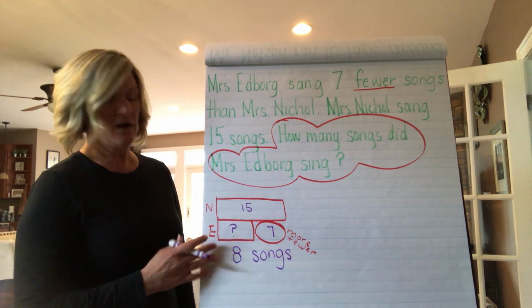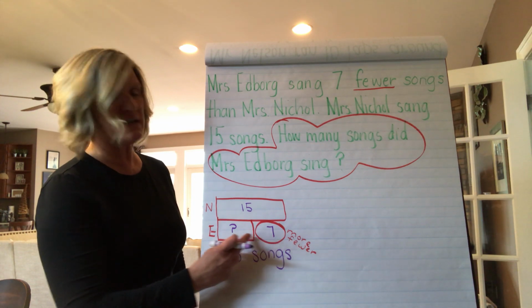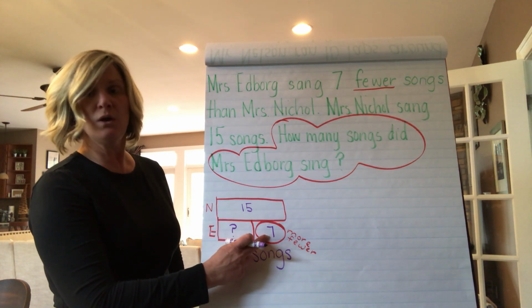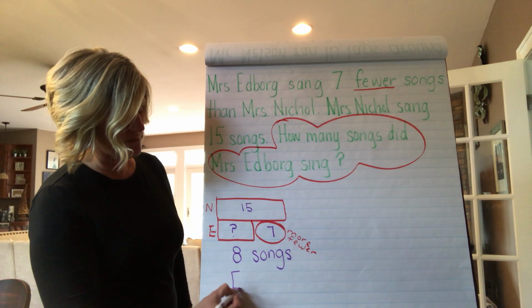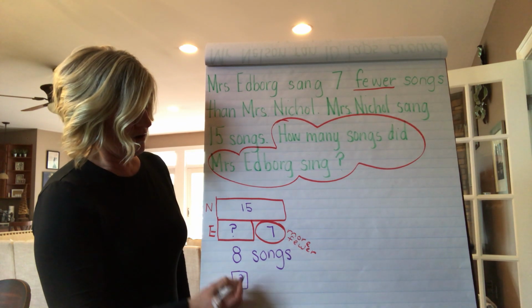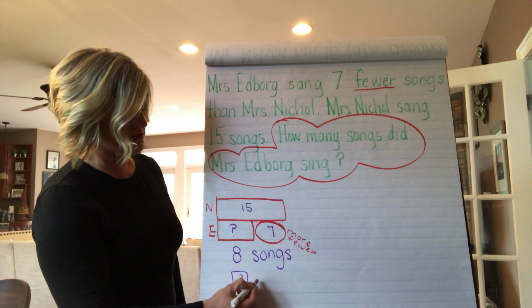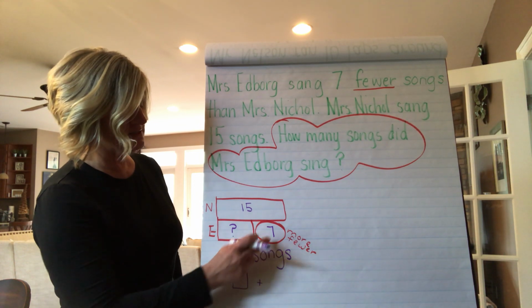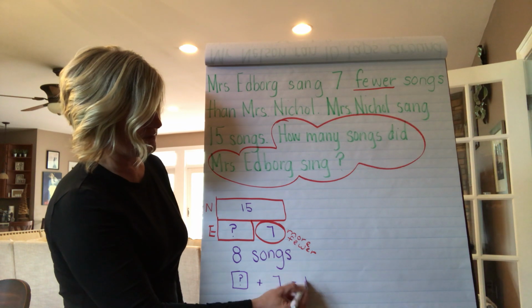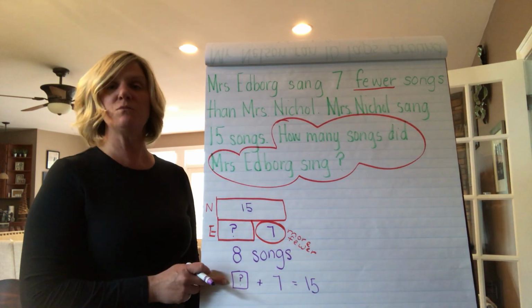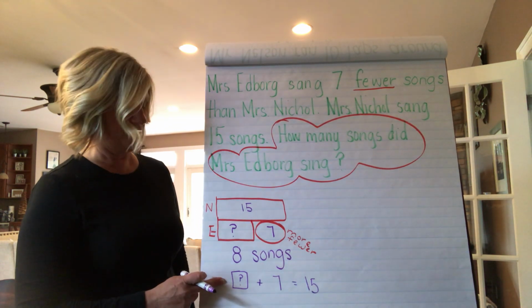Some of you, I know, probably wanted to add the 2 numbers in the pair to get 15. So some of you might have said, Mrs. Edborg's songs plus the 7 fewer give me 15. Some of you may have solved it through this addition.